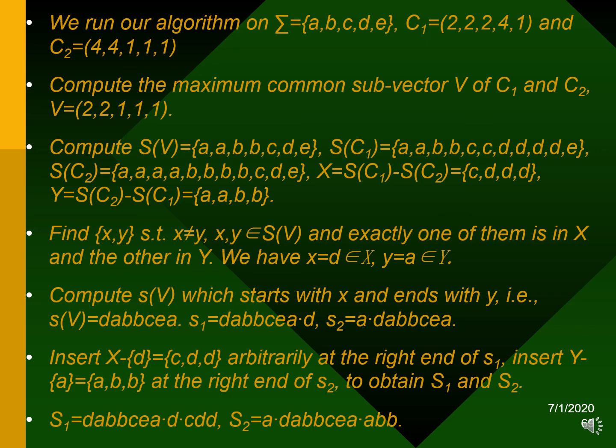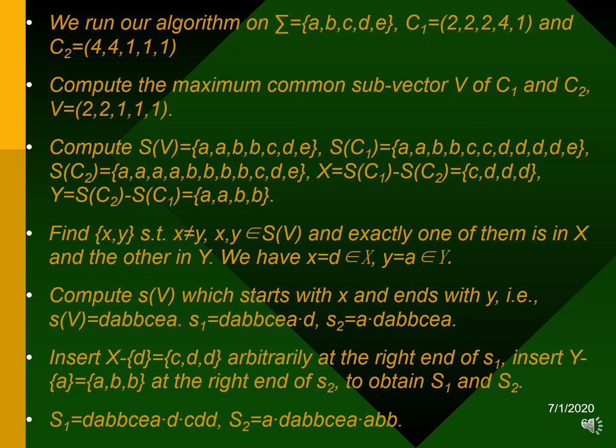So it's basically D, A, B, B, C, E, A. Then I will add D from X at the end of this little SV to obtain little S1. And for little S2, I will add A from Y at the beginning to obtain this common adjacency AD and AD over here.